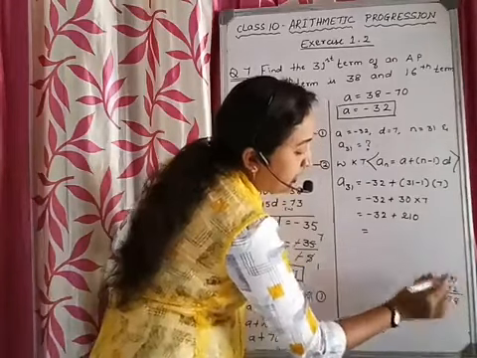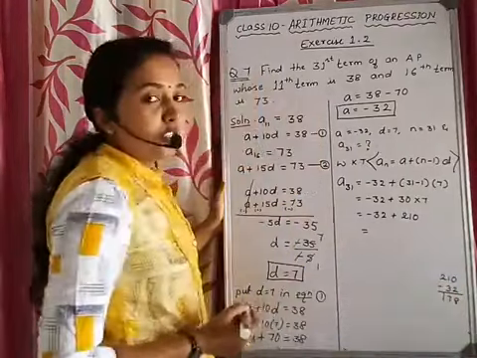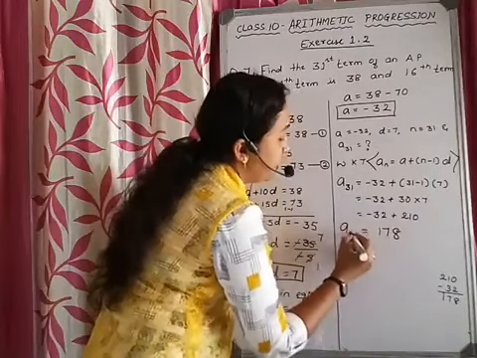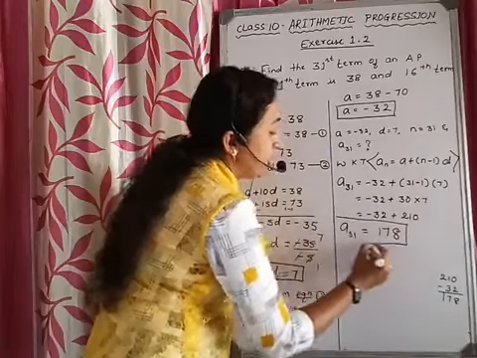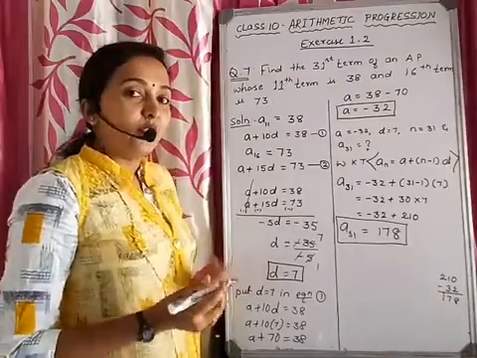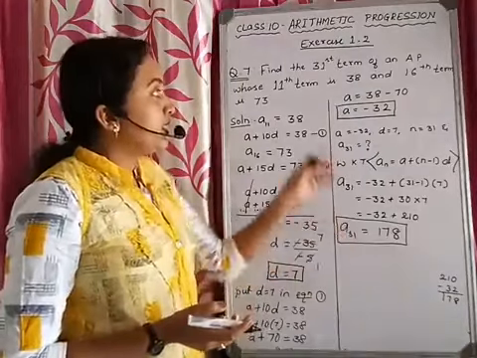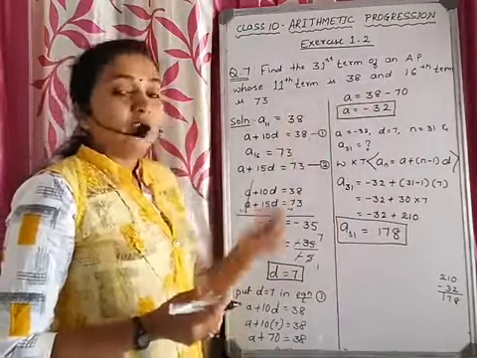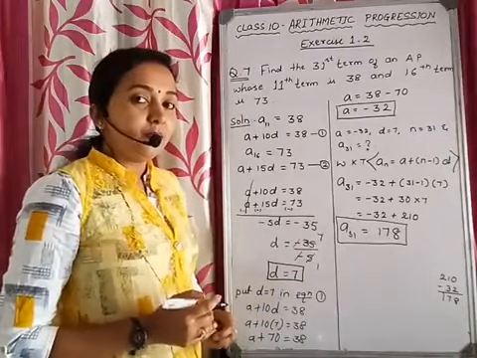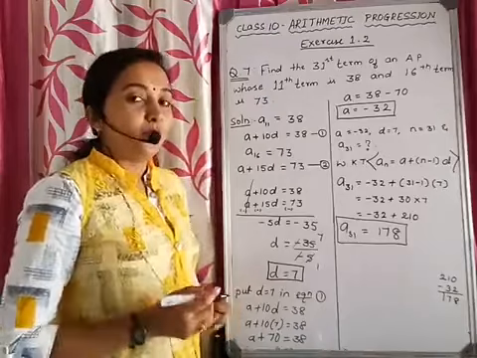Only 1 is remaining here. So it is 178. A31 is equal to 178. So therefore the 31st term of the AP is 178. Do you understand children? Okay, let us go for the next question.